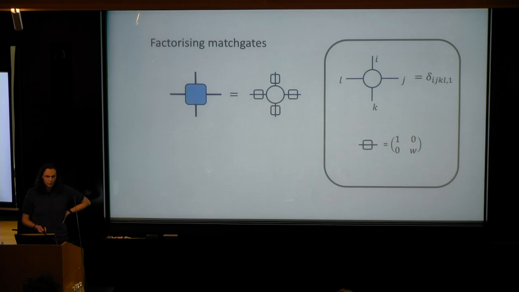Okay, now I will make an even more drastic restriction. So I will consider match-gate tensor networks that have an additional property, which is that they are factorizing. So what I mean by this is that I can write these tensors as a product of a Z2 tensor and some weight matrices. So this Z2 tensor is just a tensor which projects to even parity.